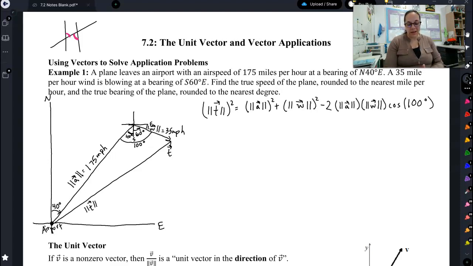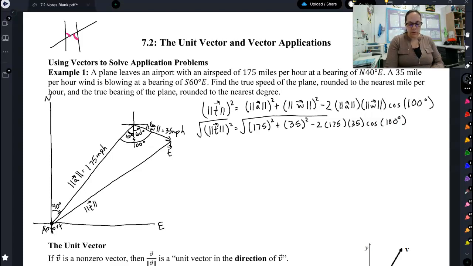So let's plug in all this stuff. I'm still solving for the magnitude of t, but I know this is 175. I know this is 35. And to solve for t, all I have to do is square root both sides to get t by itself.